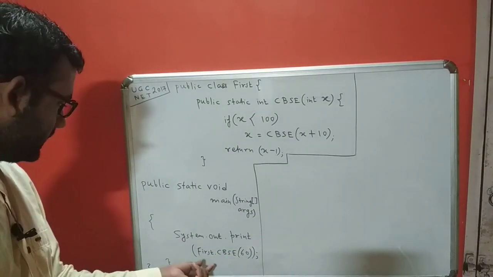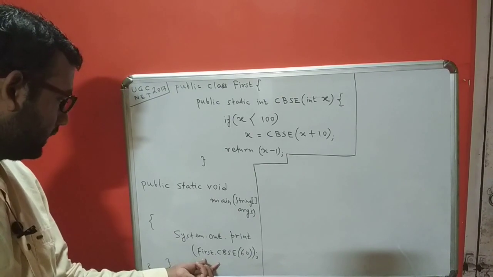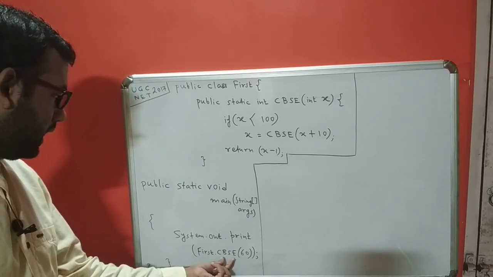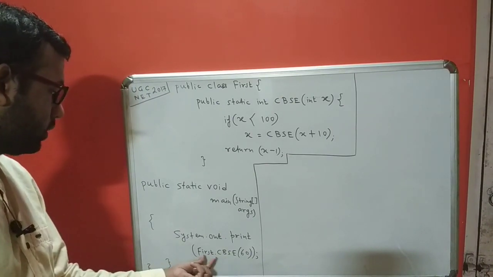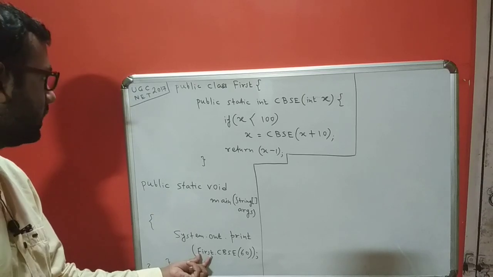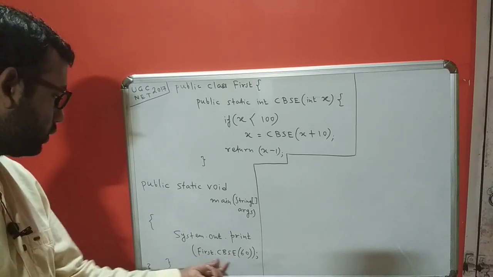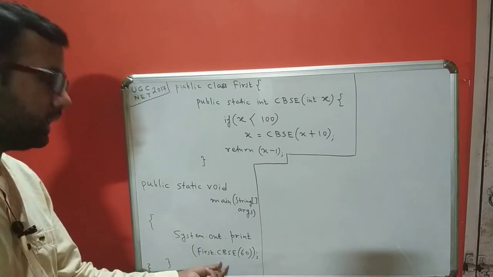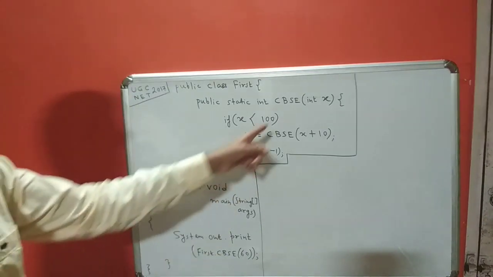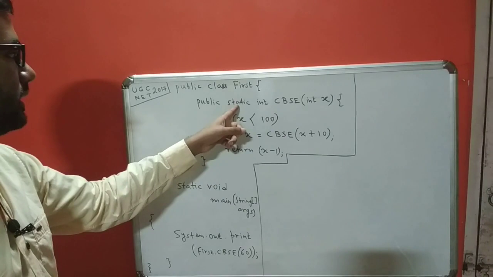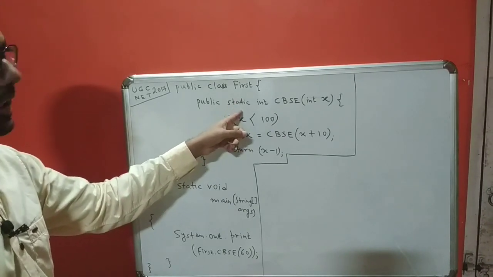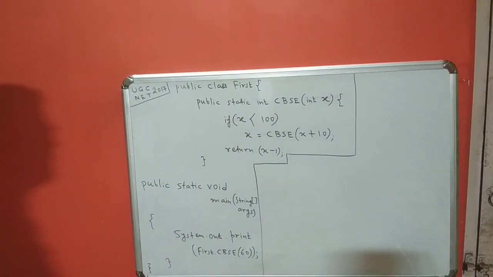Now this may seem a bit peculiar at first because a method is being invoked with respect to a class. Is this possible? It's very much possible because cbse, mind you, is a static method. All static methods belong to the class and they are shared by the objects.